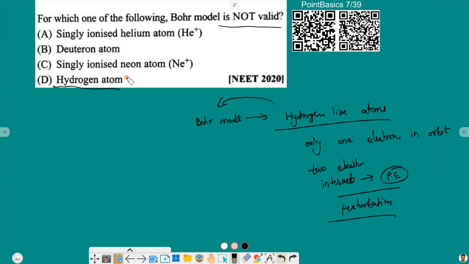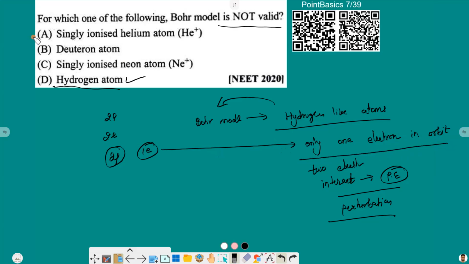So hydrogen atom, it will be applicable, singly ionized neon atom, deuterium atom, and singly ionized helium atom. Now, we know that helium atom has two proton and two electron. So if we ionize it, what will it have? It will have two proton and one electron, and it obeys the required condition that it should have only one electron.